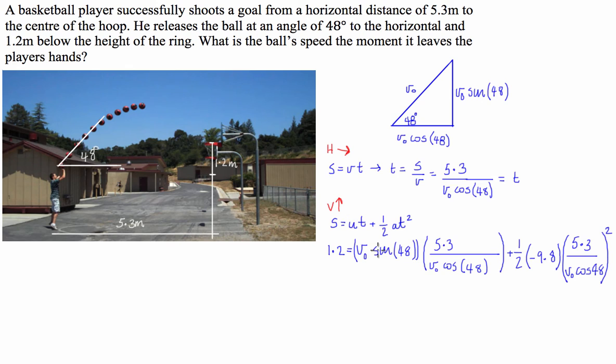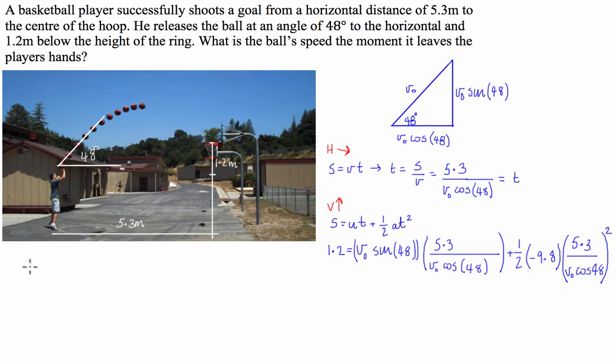Cool. So now a little insight comes into this. At the moment we've got quite a few V0s, which is going to make this very difficult to solve without using a graphics calculator or some kind of solving function on a computer. So what we can do is have a look at just this front part first. We've got V0 sine 48, and 5.3 over V0 cos 48.